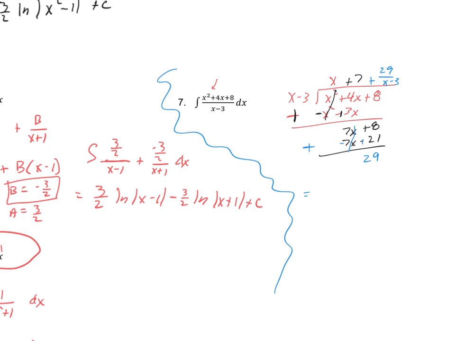So then this problem is equivalent to x plus 7 plus 29 over x minus 3 dx. So antiderivatives, x squared over 2 plus 7x plus 29 natural log of the absolute value x minus 3 plus c. There's our 7 practice problems.